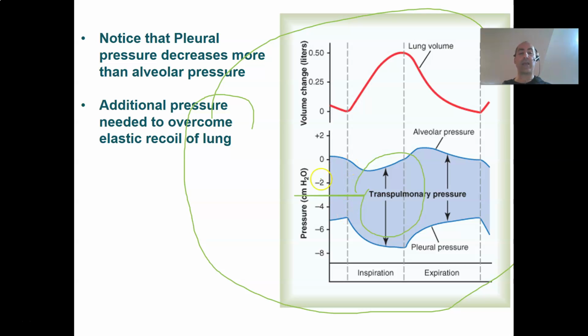So in this case, P alveolar minus P pleural equals transpulmonary. So at the 0 point here at the beginning, alveolar is 0 minus -5. Then transpulmonary pressure is 5 centimeters of water.